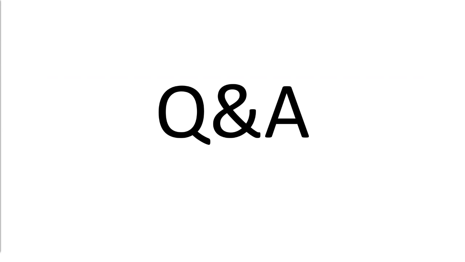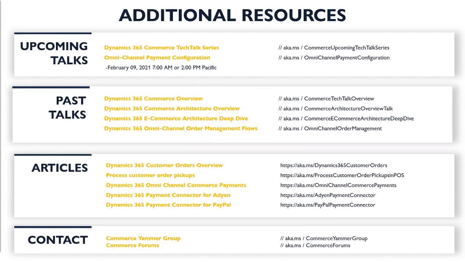Before I turn it over to Evan, I just want to mention some additional resources. As I mentioned, here's the next talk around omni-channel payments configuration. Please do check out these past talks. Omni-channel order management flows is very good, and that really should be required reading before this session, but that one happened last week, I believe.